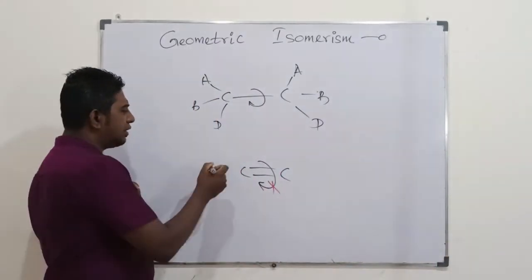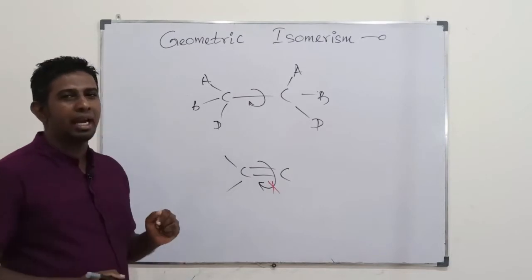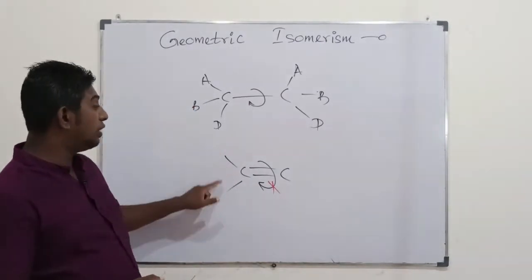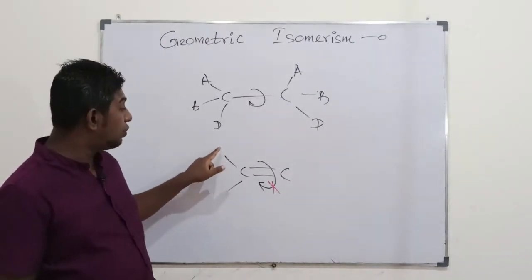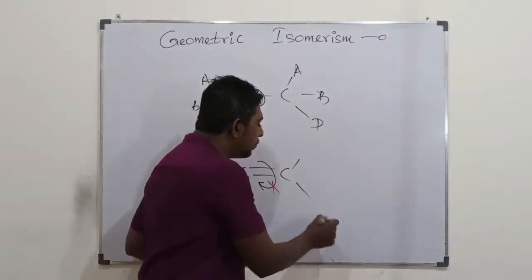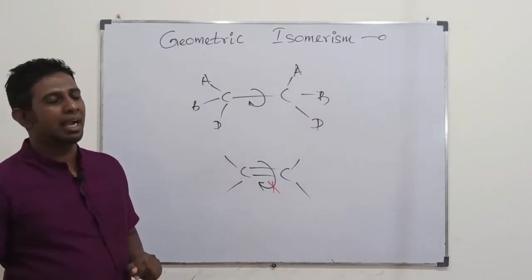Then students, when you have a carbon-carbon double bond, the other two bonds on each carbon could be single bonds. Then only we could talk about two different groups. We could place two different groups or atoms here. So here also you would have another two bonds.